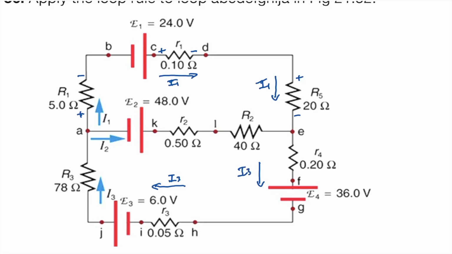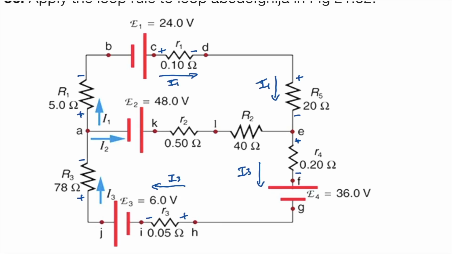Okay, so this is the positive end of little r4, the high end, and the low end is near F. All right, and so we see I3 going through internal resistance r3, high end, low end. And finally, our load resistor, capital R3, has a high end and a low end.